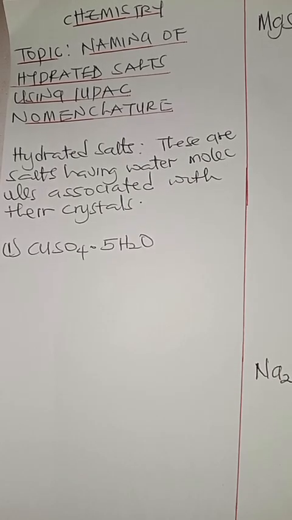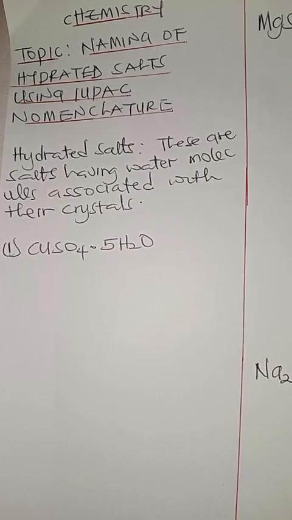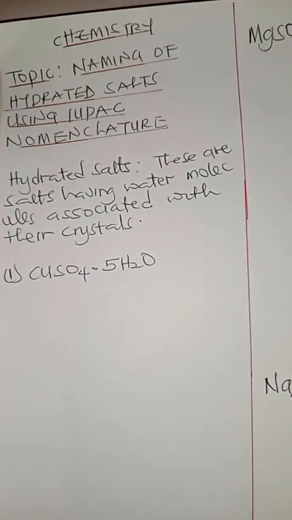These water molecules are loosely bound to the salt molecule. That is, they can dissociate easily when heated, and if there is a loss of this water of crystallization, it can also lead to simultaneous loss of the crystalline form. So this is what they are talking about.